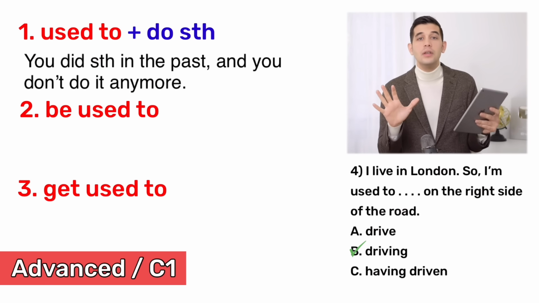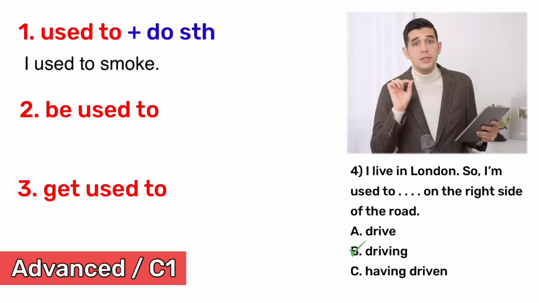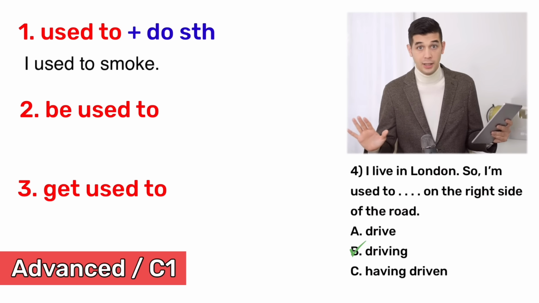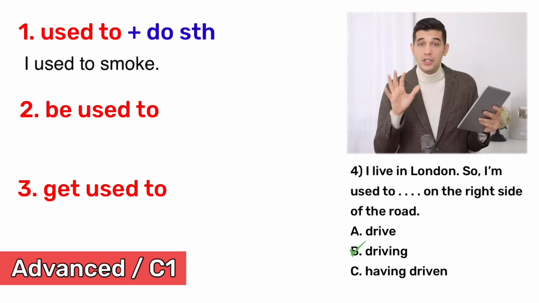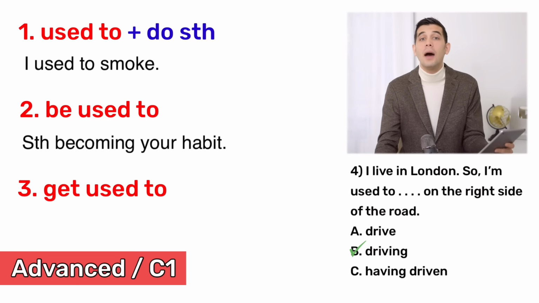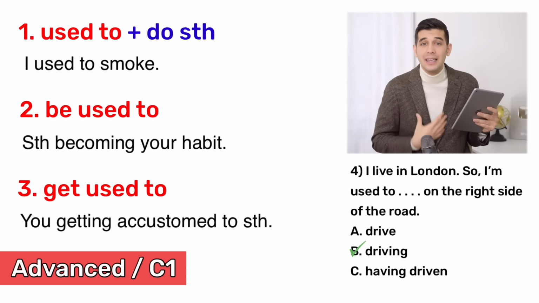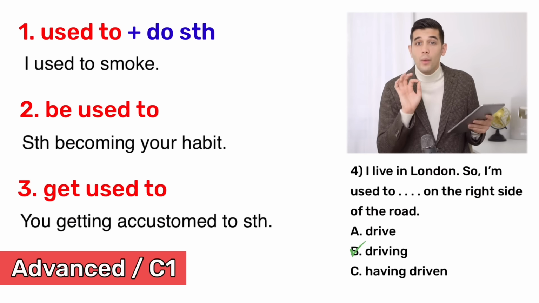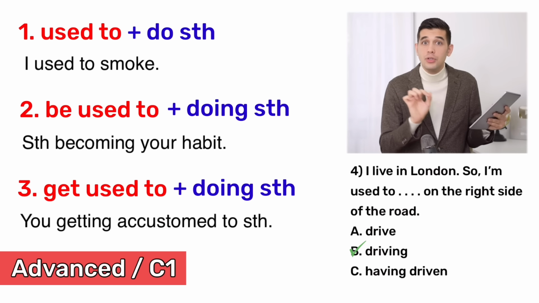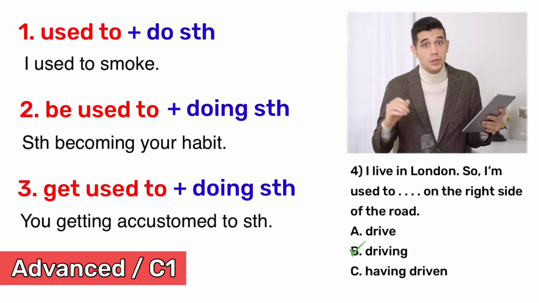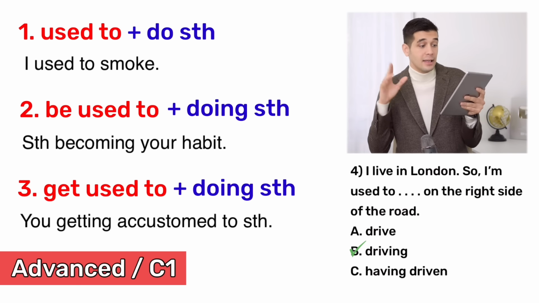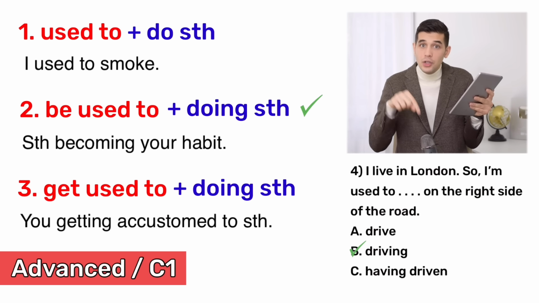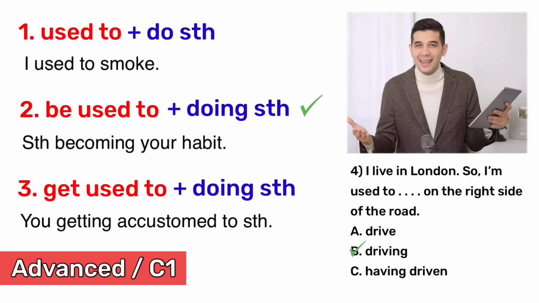After used to, we use the base form of the verb. I used to smoke. I don't anymore. After be used to and get used to, which talk about something becoming your habit or you getting accustomed to something, we use gerund. Be used to doing something and get used to doing something. Now, look at the question again. I lived in London, so I am used to driving.